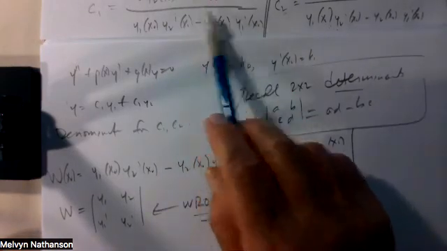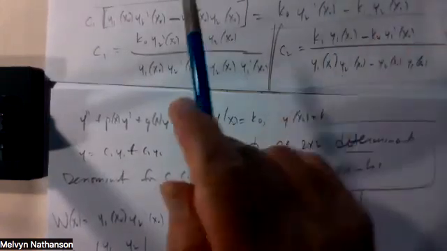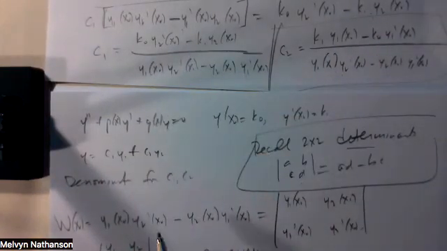If we look at the numerators of C1 and C2, that also is a difference of products. Let me just write this down in determinant form.